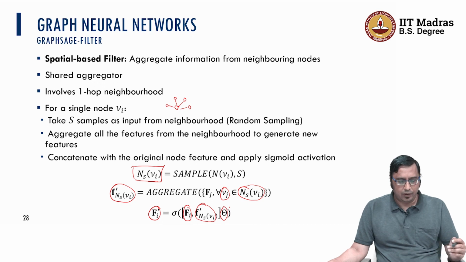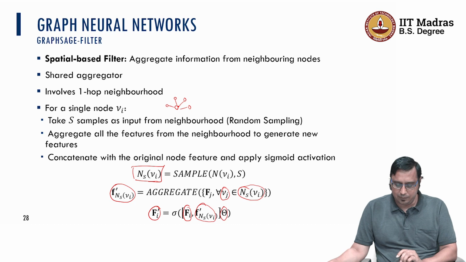So in a GraphSAGE filter, I'll choose my single node Vi. I will sample neighbors using random sampling and create a new set of sampled neighbors.